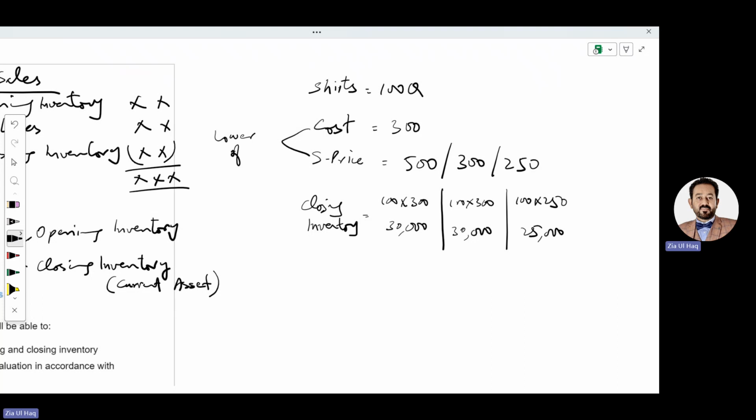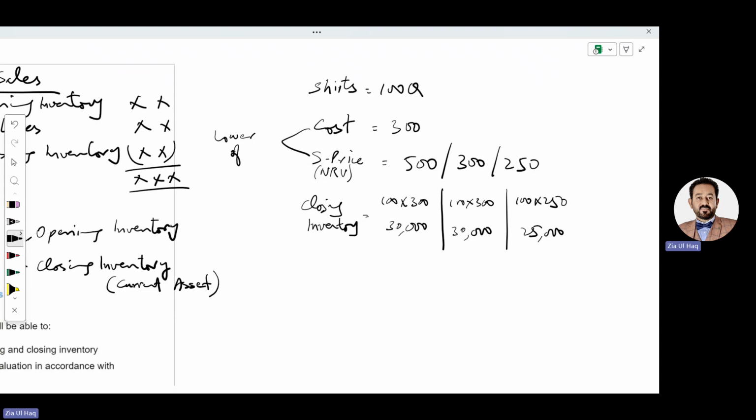This is how we can calculate closing inventory. Closing inventory should be calculated using the lower of cost or selling price. Instead of selling price, they use the term NRV. What is the full form of NRV? Net realizable value. We're going to discuss it in detail later on.